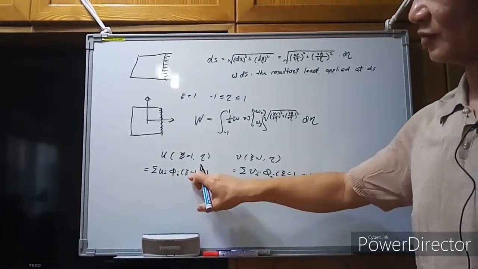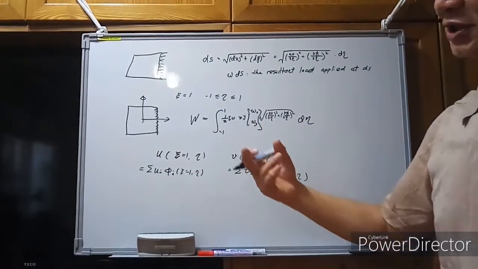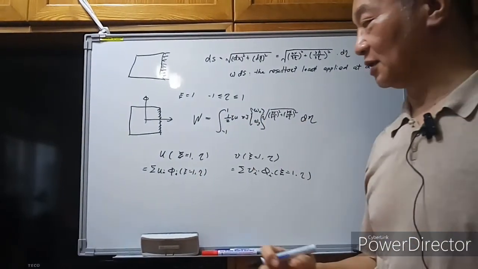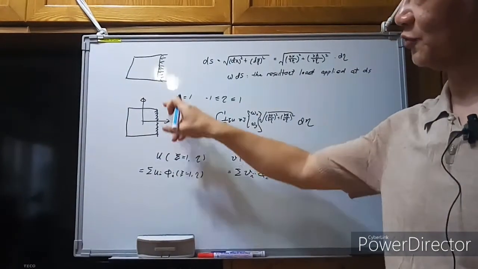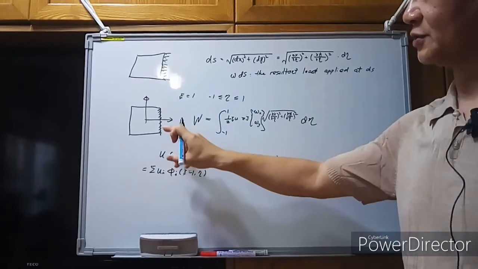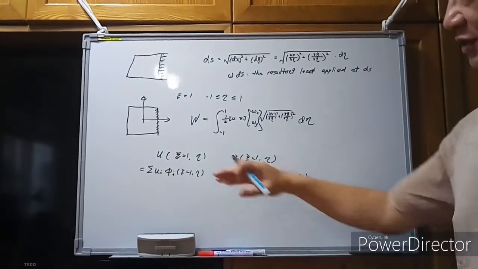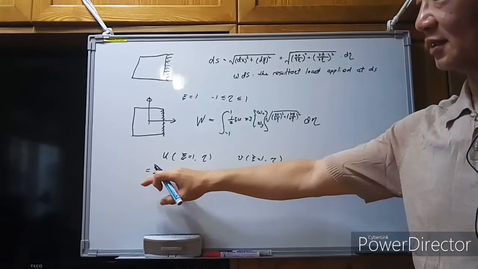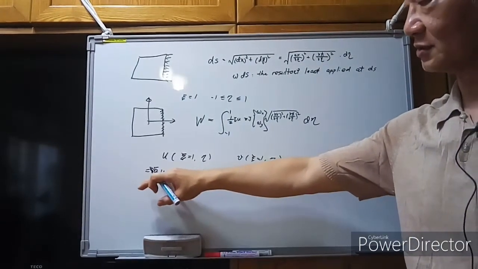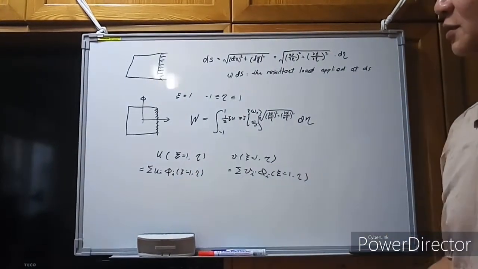Since we have specified ξ equal to 1, they are interpolation functions only related to η. So you can simplify the u_i and also the φ functions we need to consider.